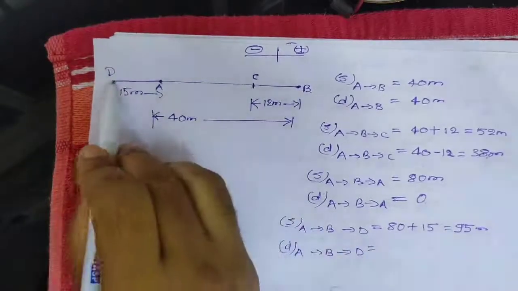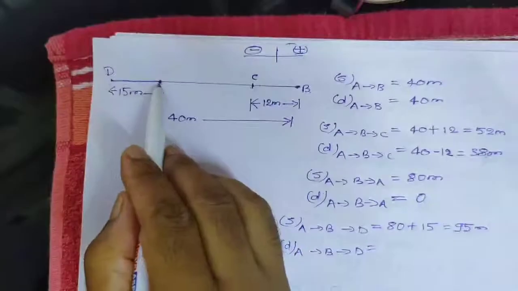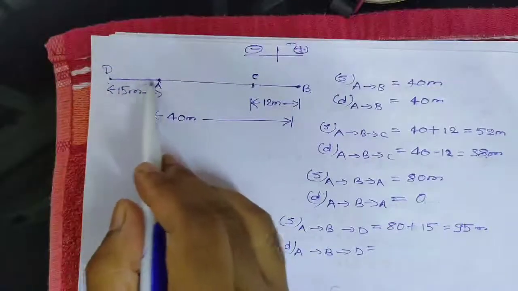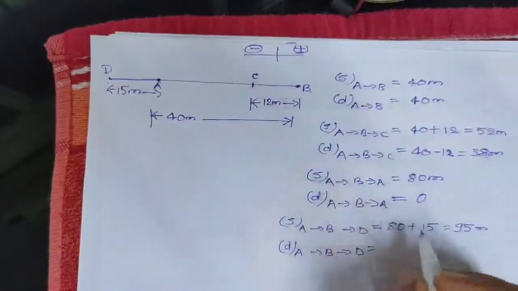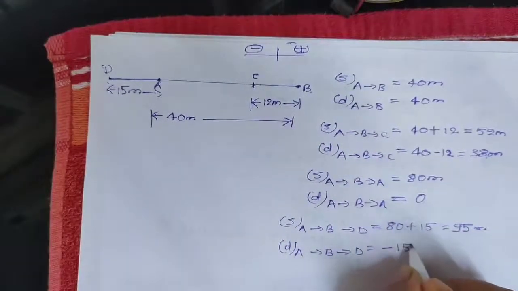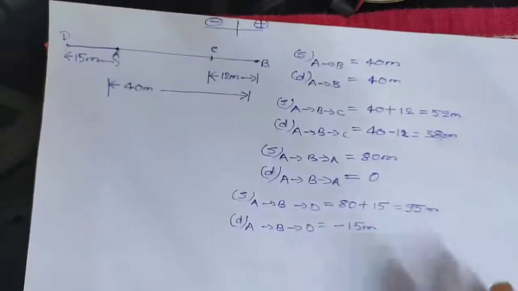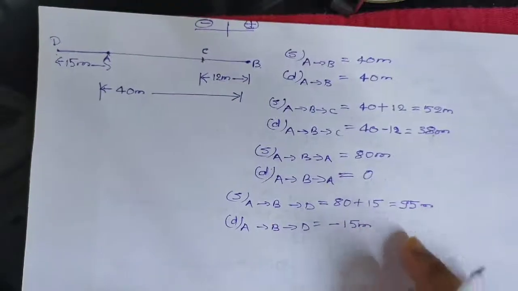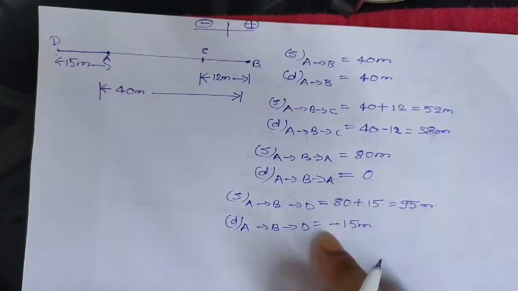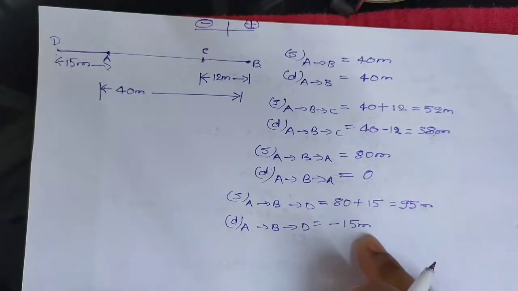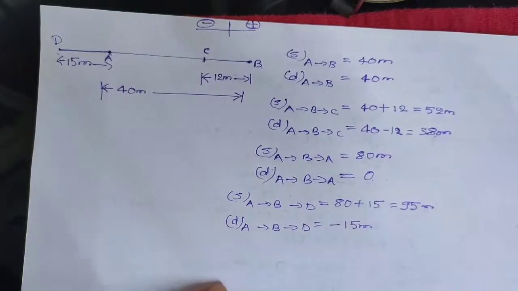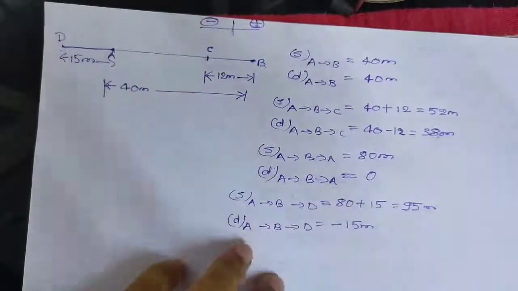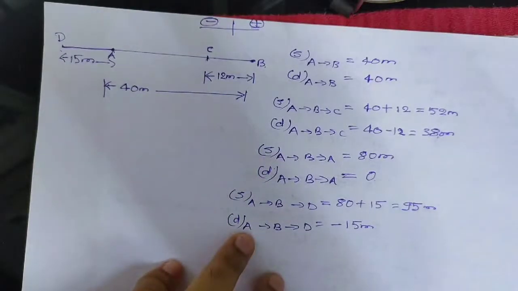Final position of the object is D, initial position is A. The object has moved in the negative direction, so it will come out to be minus 15 meter. So again you should be able to see the big difference. Distance traveled is 95 meter, displacement is minus 15 meter. Okay, so distance is a scalar quantity and displacement is a vector quantity.